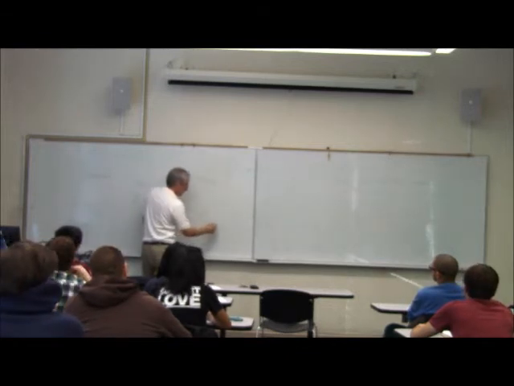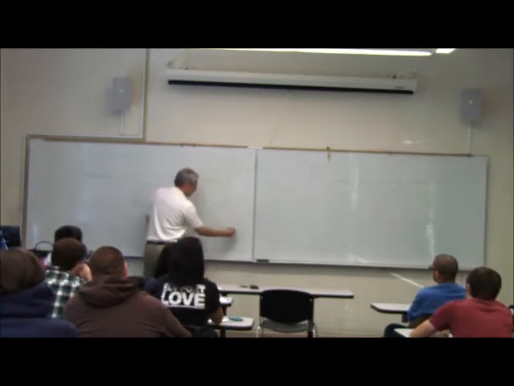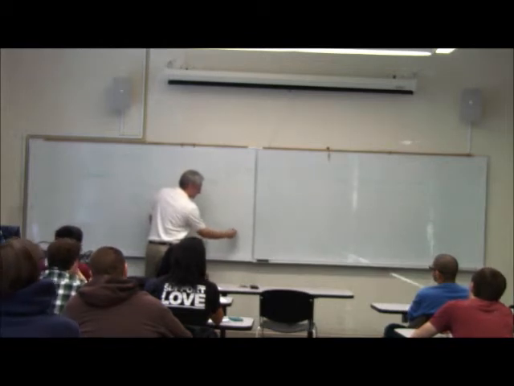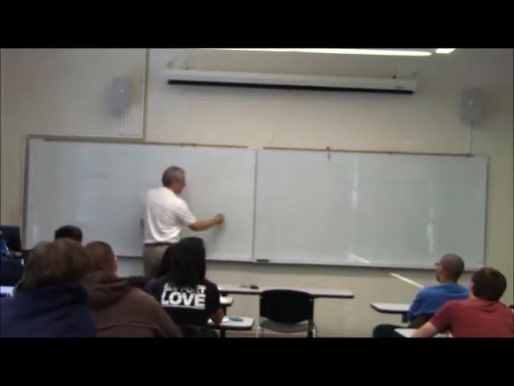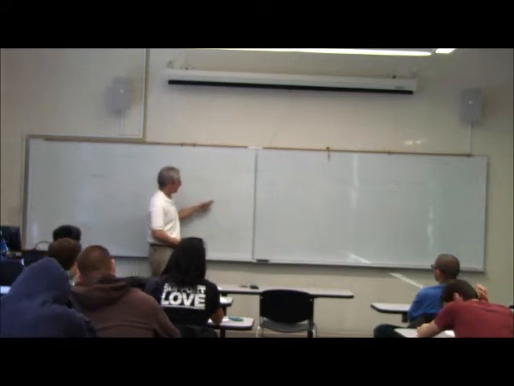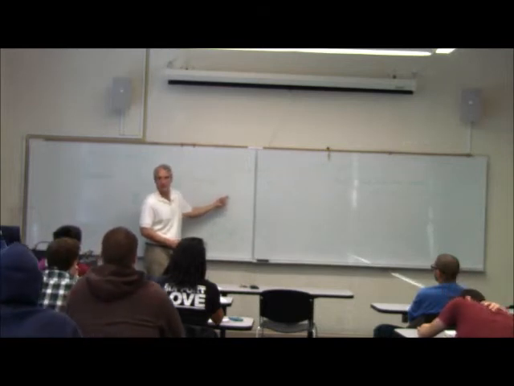We can formulate that as an integral from x1 to x2 of the square root of 1 plus dy dx squared, dx. In other words, we can ask what is the function y equals y of x that minimizes the contour length going from this point to this point?